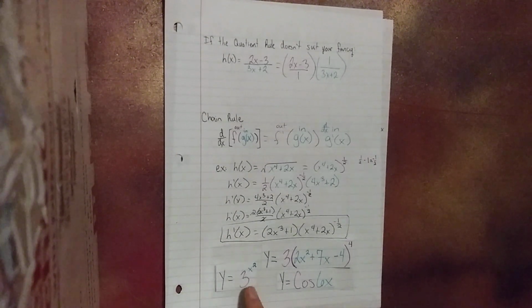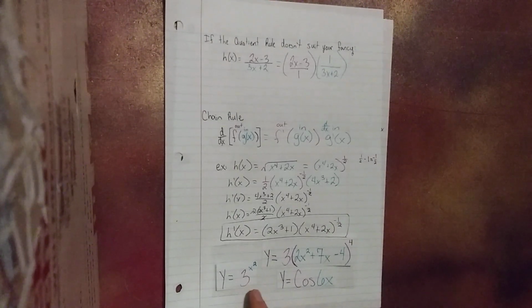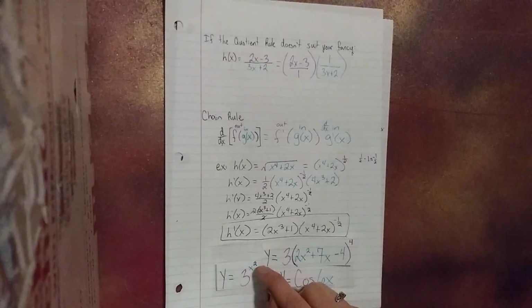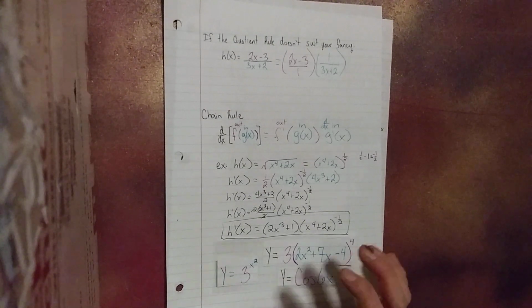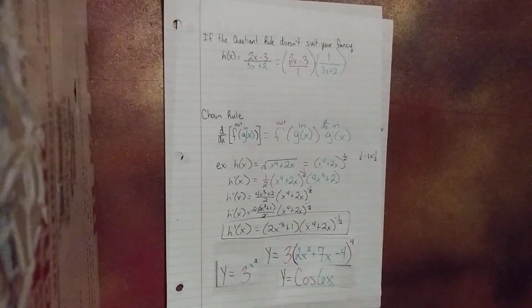And then it can also work on things like this one, where the inside is actually the x squared up in the exponent of the 3, and the 3 is our outside function. So the chain rule can be pretty cool and very versatile, and a lot of equations will require it.